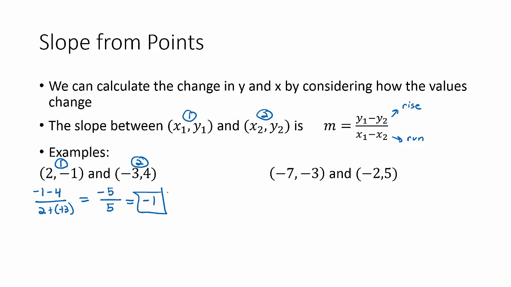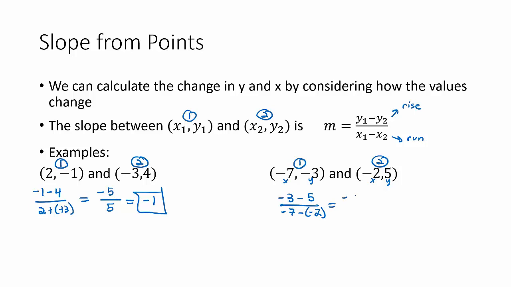How about the second one, (-7, 3) and (-2, 5)? We're going to call (-7, 3) the first point and (-2, 5) the second point. Remember, they are x-y pairs. So we subtract the y's, 3 minus 5, over, we subtract the x's, -7 minus -2.